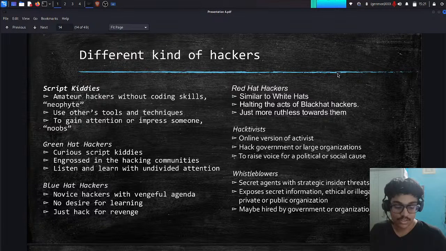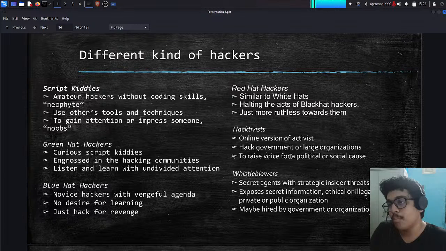So we have hacktivists. They are not government hackers. They hack government or large organizations to take them down. So they are the online version of activists, hired by an organization to defame another organization, to raise voice for a political or social cause.